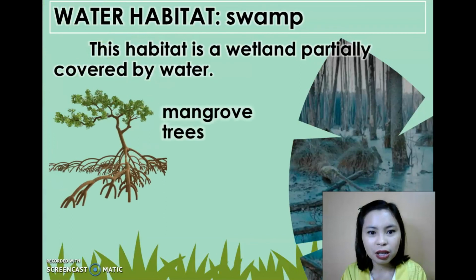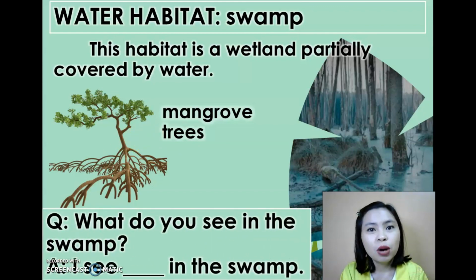This is very common. So mangrove trees, you see mangrove trees in the swamp. One more time, mangrove trees. And what plants do you see in the swamp? Answer. I see mangrove trees in the swamp.